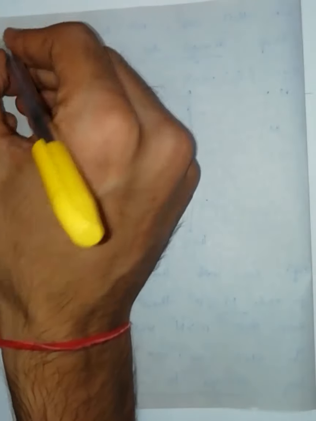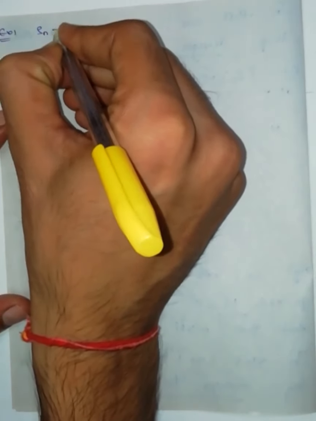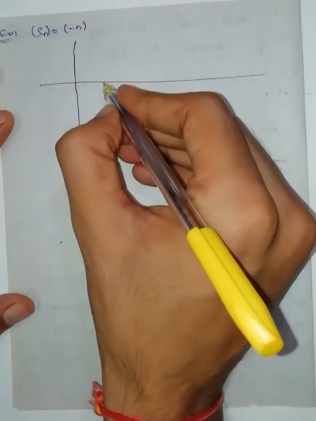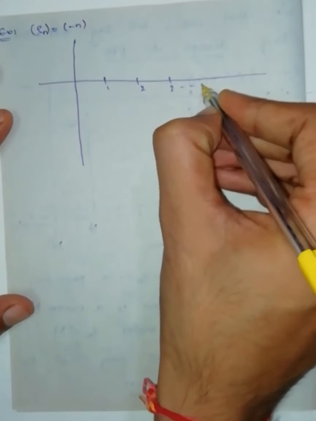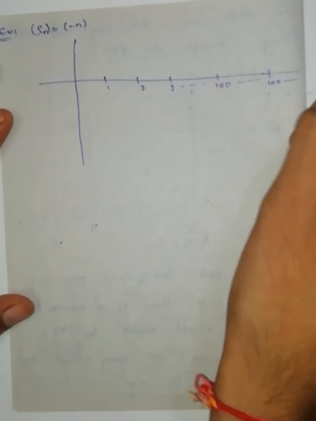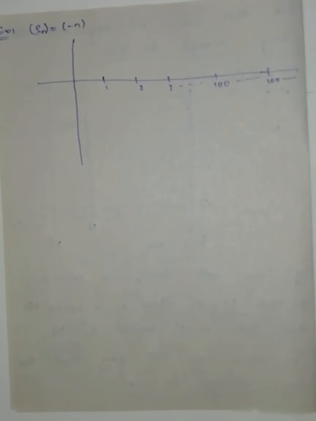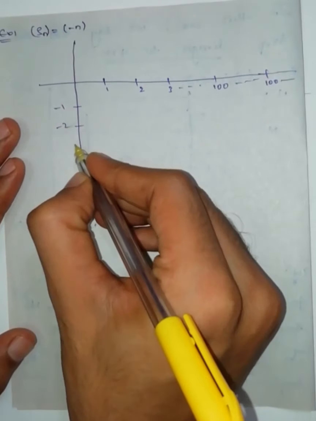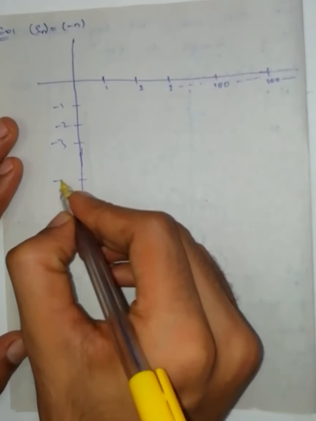For example, let us take a sequence Sn equal to minus n. Now I am going to plot a graph. On one axis we have 1, 2, 3, and so on, 100, and somewhere 1 lakh. On the other axis we have minus 1, minus 2, minus 3, and so on, minus 100.